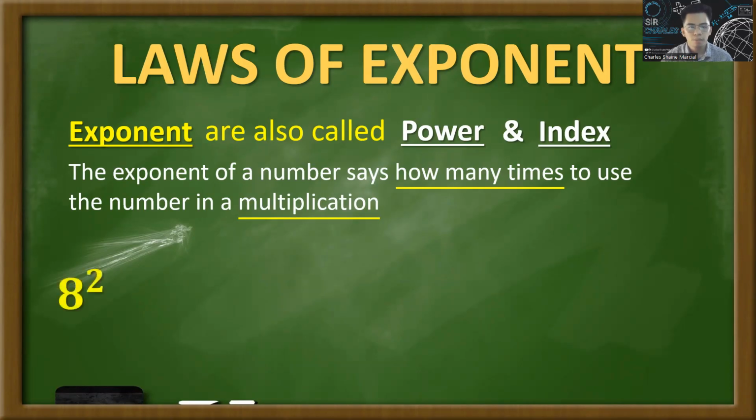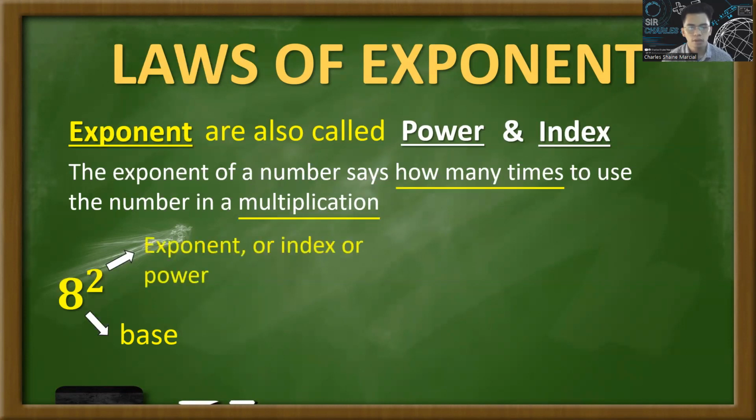Okay? For example, we have 8 squared. By the way, 8 squared, yung 8 po natin is what we call the base. And yung 2 na nasa taas, or yung exponent natin, is what we call the exponent or index or power.